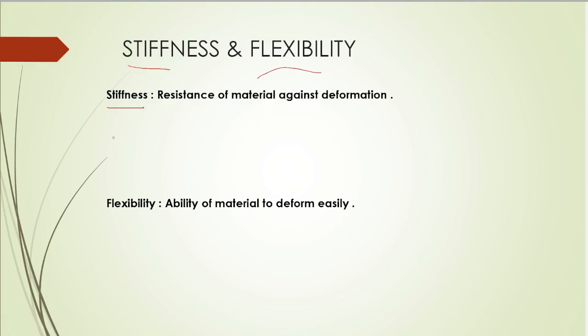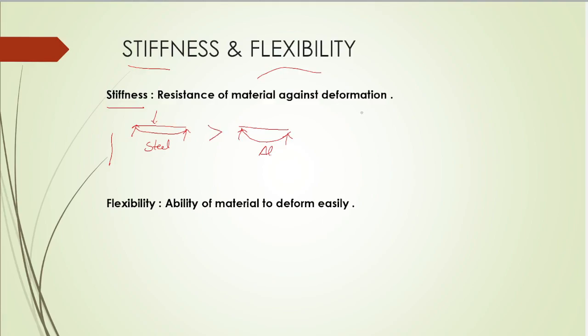If we take two materials, let's take this steel and this aluminium, and apply load, there will be a little deformation here, and in this case there will be more deformation. That means steel is stiffer than aluminium.